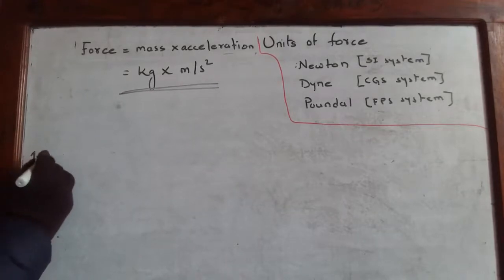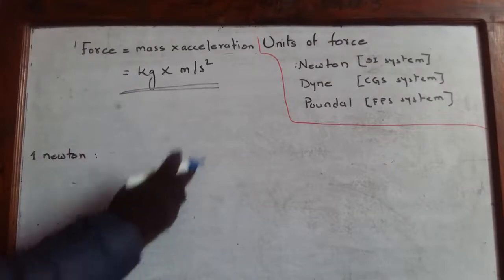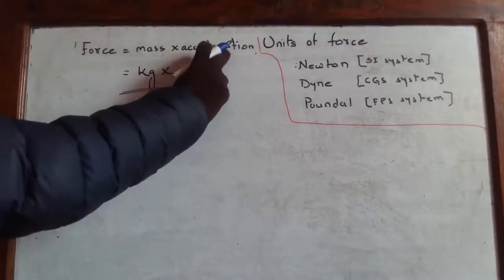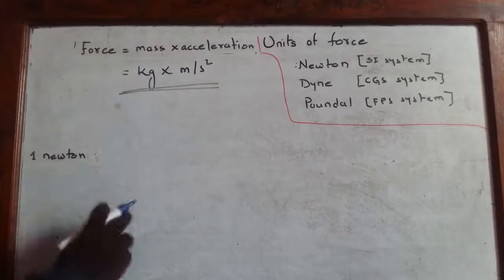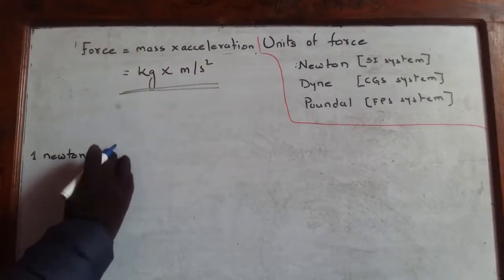1 Newton. Here meter per second square is acceleration and kg is mass. It's 1 kg, 1 meter per second square. So now we'll define this 1 Newton.